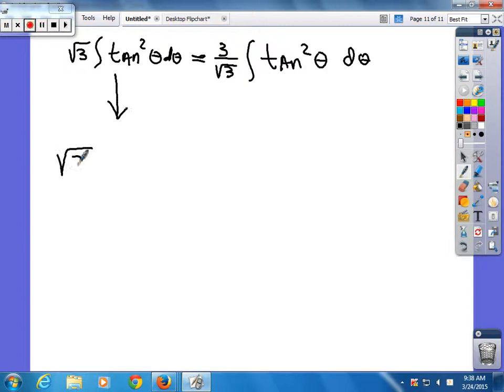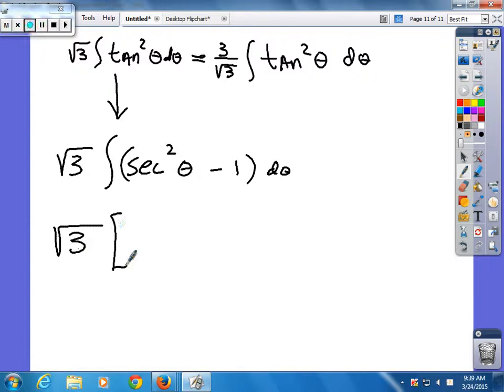So it's square root of 3 times the antiderivative of secant squared of theta minus 1 d theta. So it's square root of 3 brackets the antiderivative of the secant squared of theta d theta, minus the antiderivative of d theta.